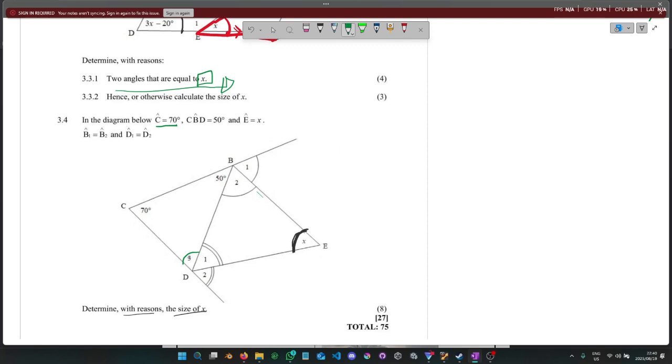Okay, D3. We know we can work out D3. 70 plus 50 plus D3 is equal to 180 degrees. Why?